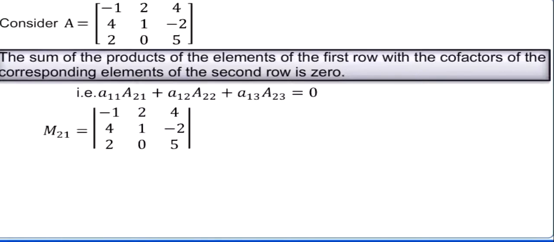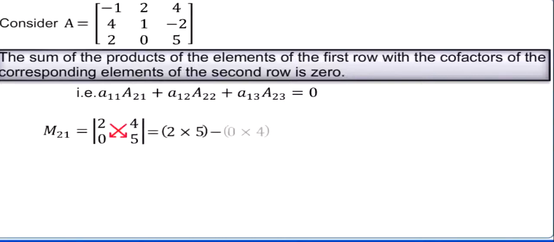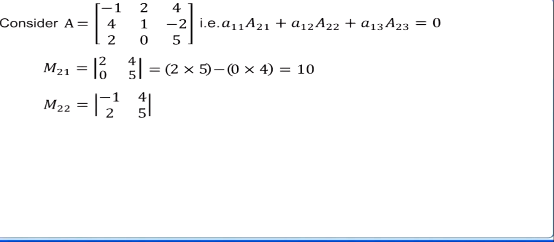This is equal to 10. Similarly, the minor of the second element of the second row is equal to -13, and the minor of the third element of the second row is equal to -4.